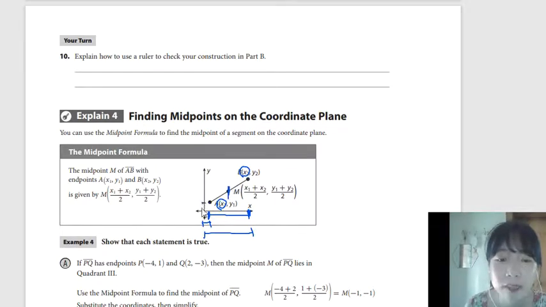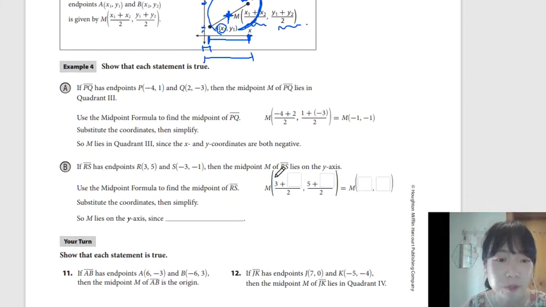And your y point, you add these two values together and divide by 2. So your midpoint is going to have the two x's of the endpoints A and B divided by 2, and the two y's of your endpoints divided by 2. Example 4, we're going to show that each statement is true.